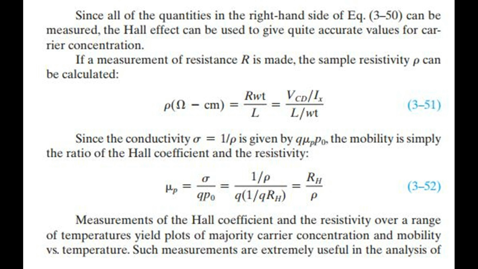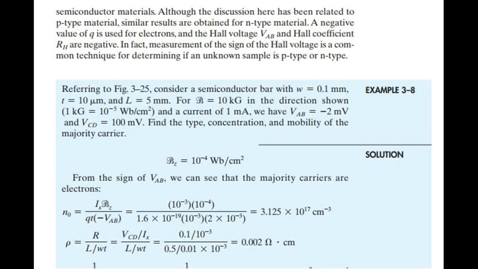Such measurements are extremely useful in the analysis of semiconductor materials. Although the discussion here has been related to p-type material, similar results are obtained for n-type material. A negative value of q is used for electrons, and the Hall voltage VAB and Hall coefficient RH are negative.